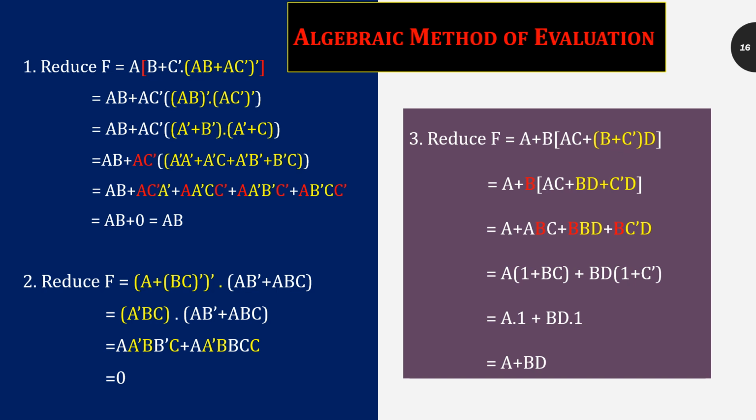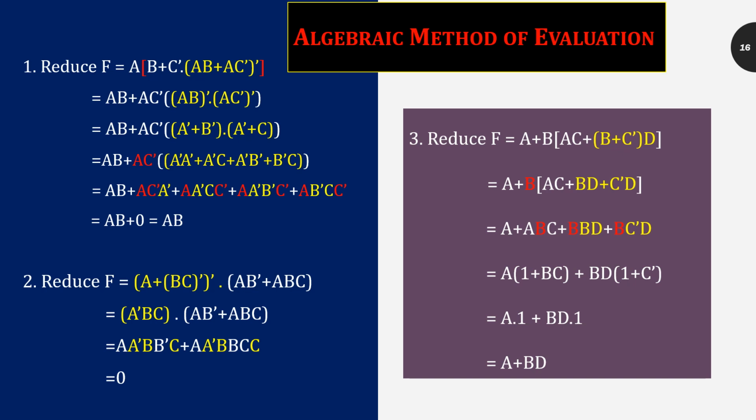We get A bar into A bar plus A bar into C plus A bar into B bar plus B bar into C. Now we apply the distributive law with the term AC bar. So we get AC bar into A bar into A bar, which is equal to A bar, right?